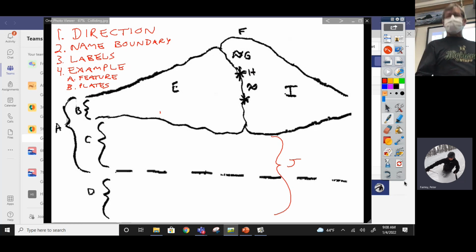That leaves us with number 4, an example of where this happens. So for each of these different boundaries, you should keep one example in mind. The best example for this one is the tallest mountain range in the world. What are the tallest mountains? Mount Everest is the tallest mountain in the Himalayas.